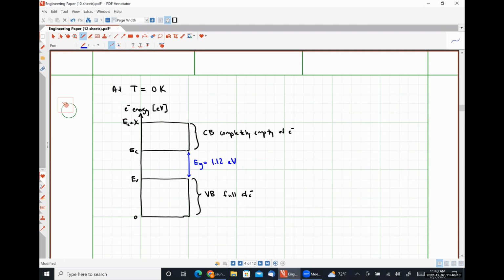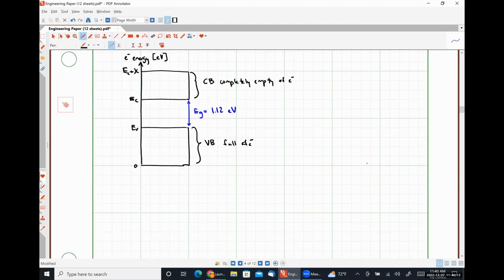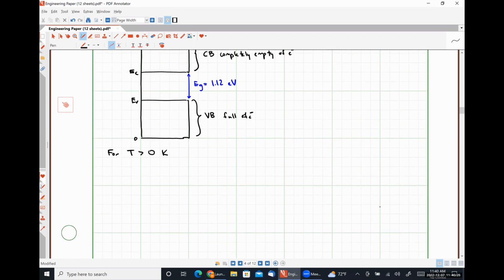So for temperatures above 0 Kelvin, we are going to have some amount of thermal energy in our system, and that thermal energy is going to cause lattice vibrations.